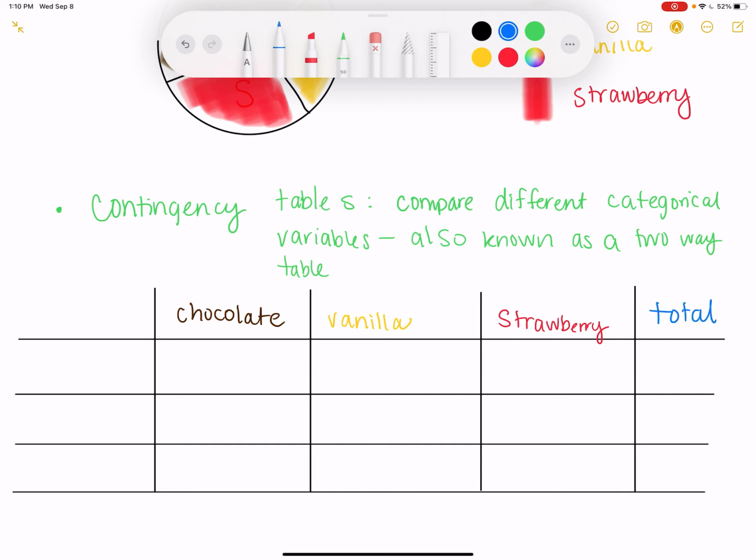Then total. And male. Female. And total. It's not male like male room.